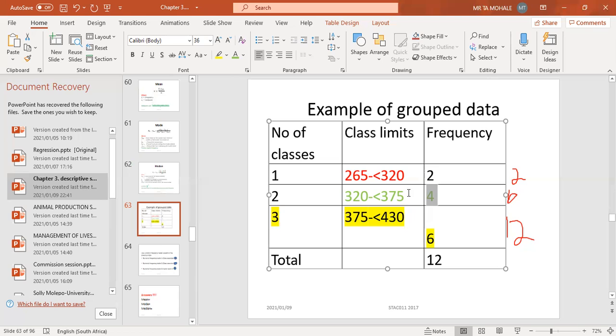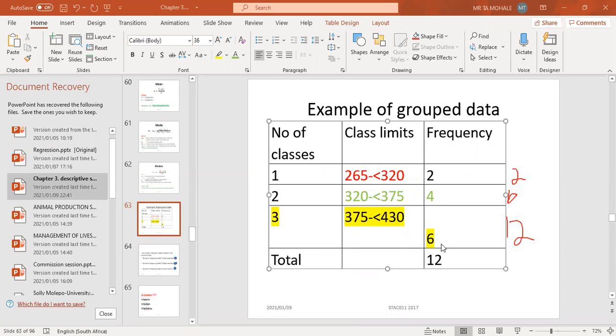And then 375, if you can check, it falls in the second and the third class. Do you know why it's like that? Check the frequencies. The value of n, if you can check it, it's even. So when you add 2 with 4, you get 6.